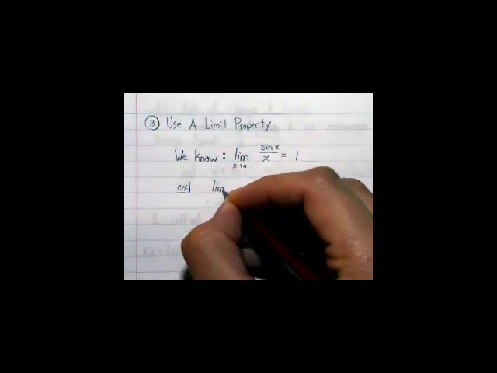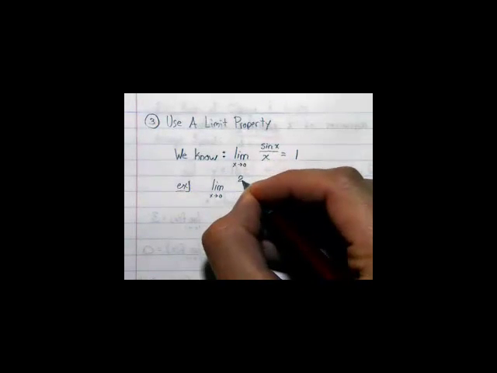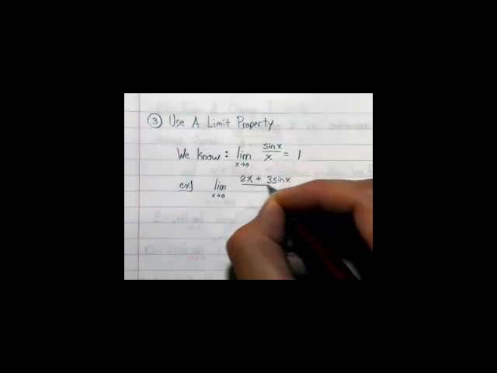Okay. So knowing that fact, let's see if we can calculate the limit as x goes to 0 of (2x plus 3 sine x) over x.